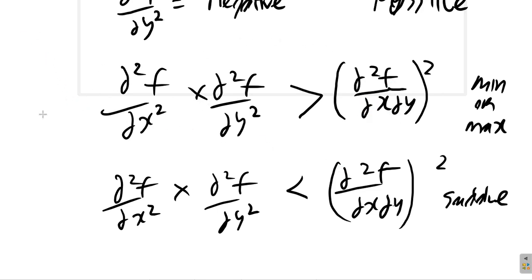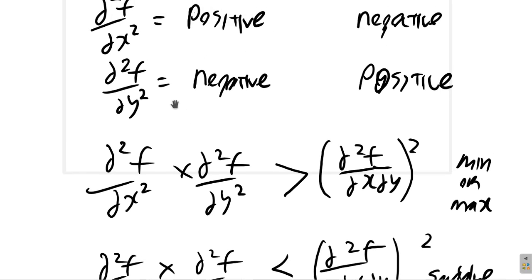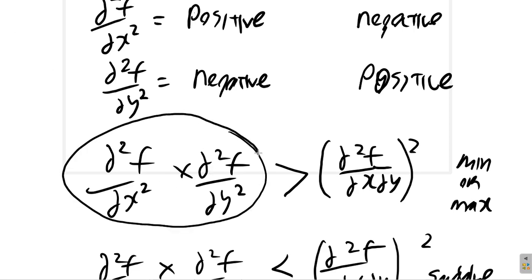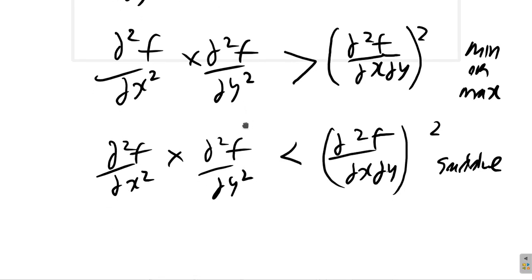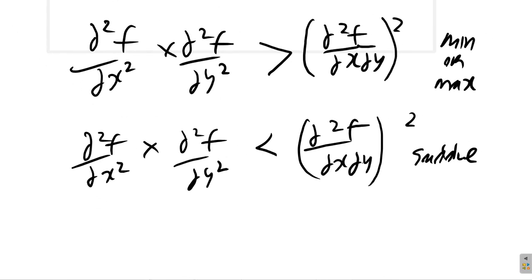Now, let's look back at this. If you have a negative times a negative, this will become positive. So this multiplication will be a positive, alright? Now, in this case, you'd have a negative times a positive or a positive times a negative.